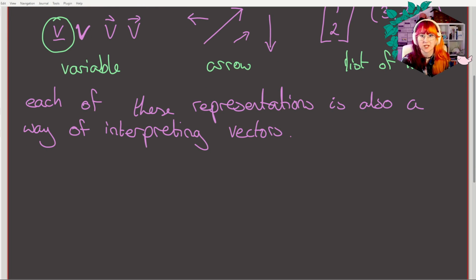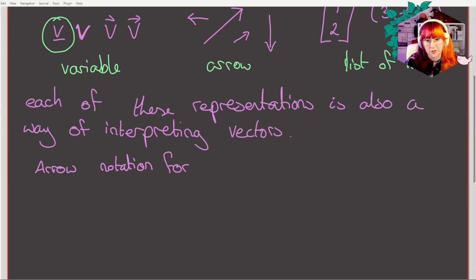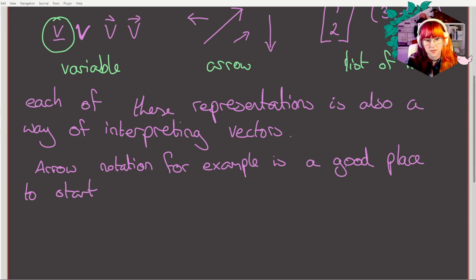So the arrow one in particular is a nice place to start. So arrow notation, for example, to start understanding vectors.